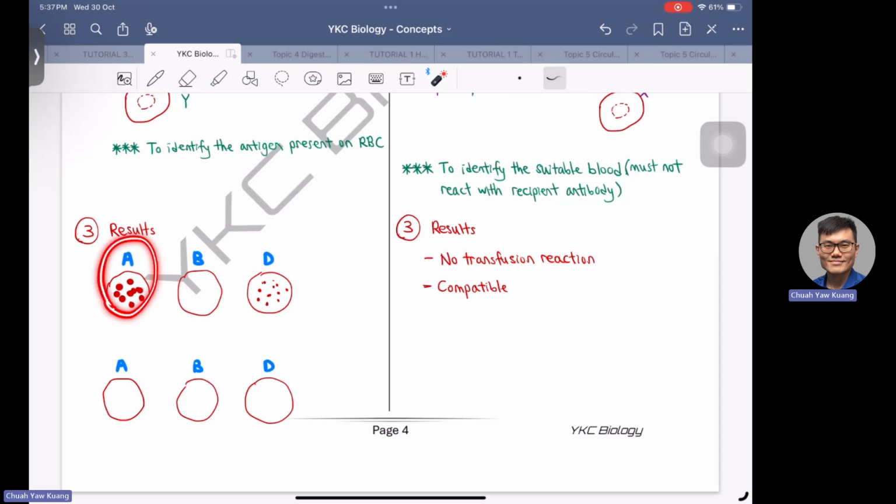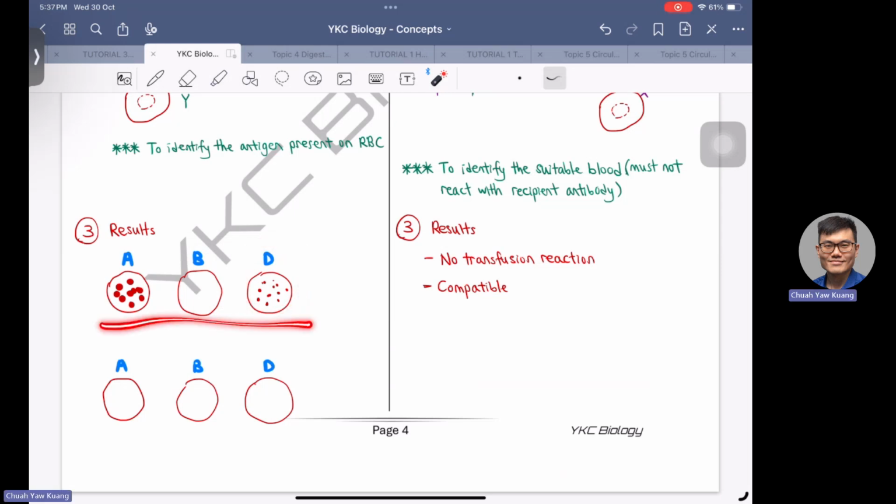This is to identify whether there is presence of the A antigen or not. This is to identify whether there is presence of the B antigen on the red blood cell or not. And this is to identify whether there is the positive antigen, the D antigen, on the surface or not.